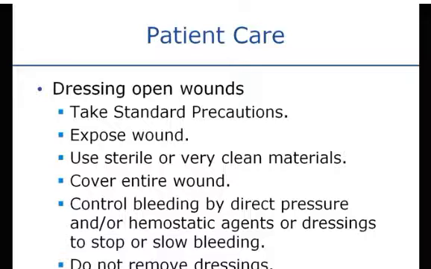Now, if the bleeding is significant, apply direct fingertip pressure and the use of a hemostatic agent, a dressing saturated with a hemostatic agent packed into the wound with fingertip pressure, or if the bleeding is massive, go right to a tourniquet.